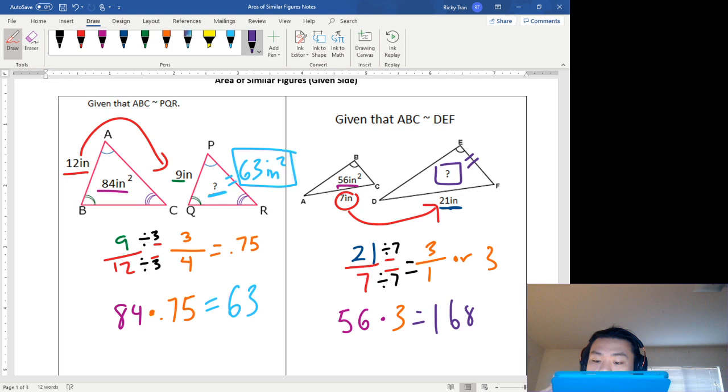So the area of our new shape is 168 inches squared.